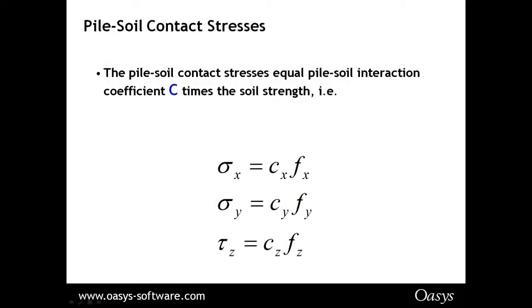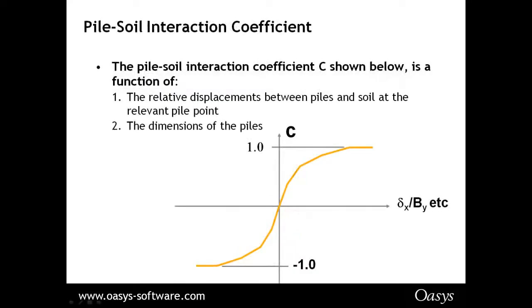the contact stress is not just force over area, but it's this coefficient C times the soil strength, and this coefficient C is a function of the relative displacement between the piles, so the difference in displacement between the piles and the soil at a particular point, and the dimension of the pile itself.